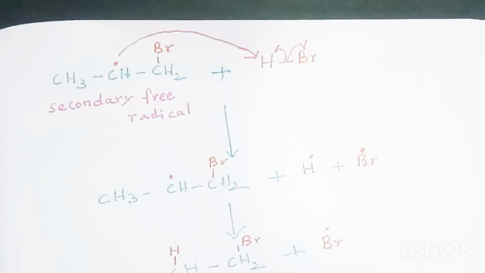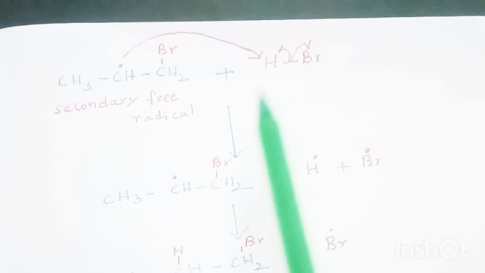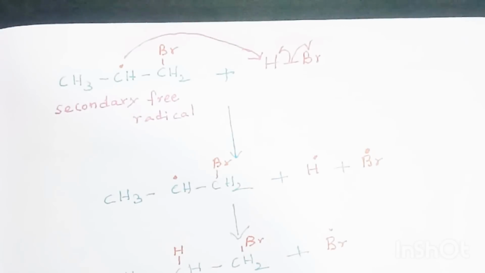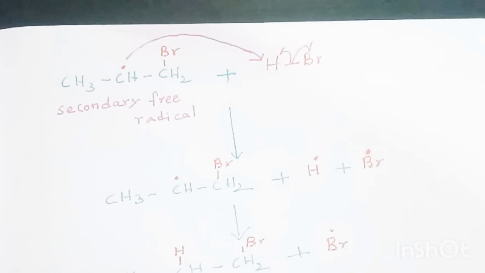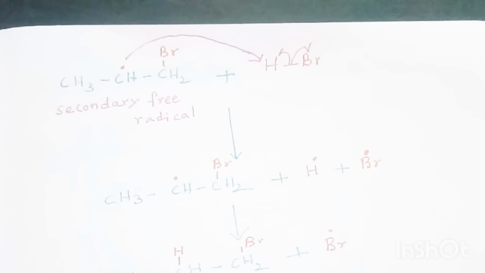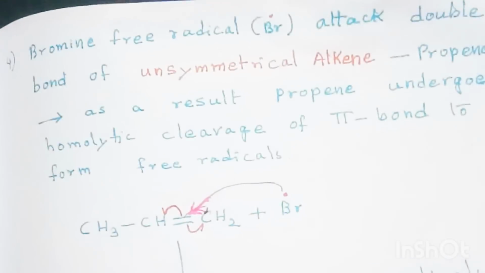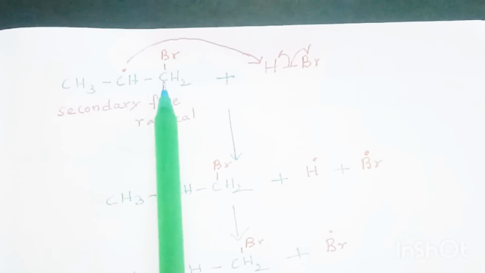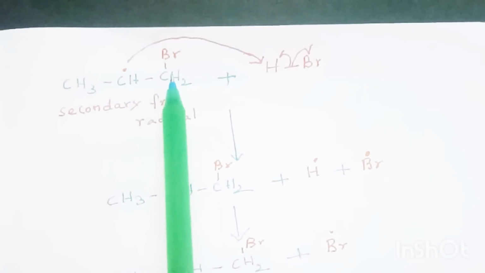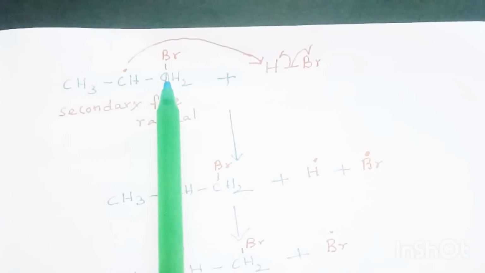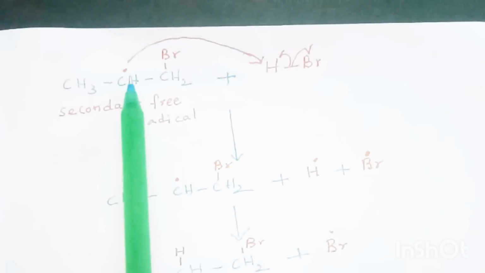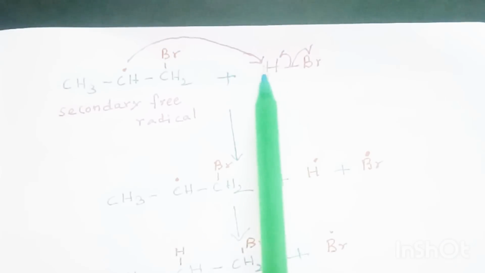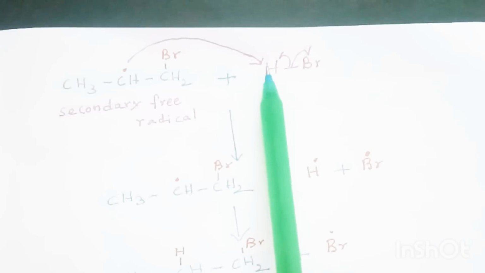Let's see what happens when bromine free radical attacks secondary free radical. So this is secondary free radical. Bromine got attached here to the first carbon. So this is the secondary free radical. So this attacks HBr.